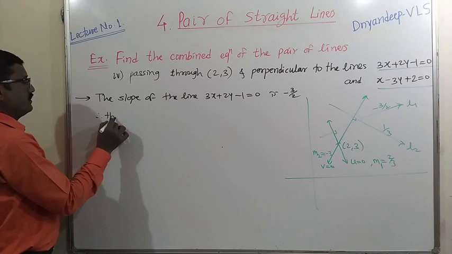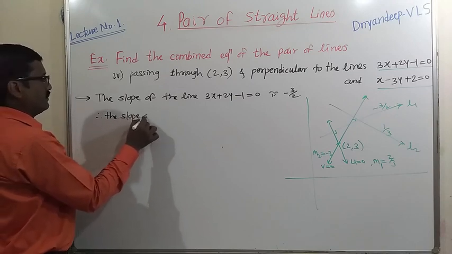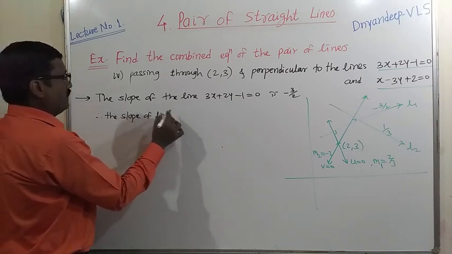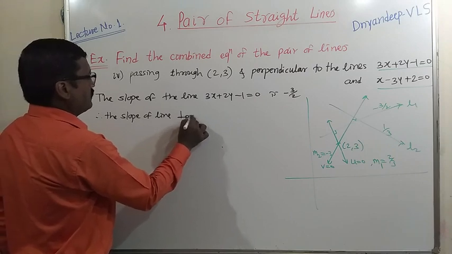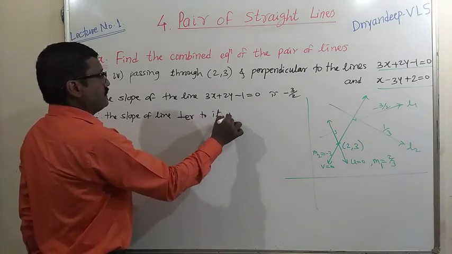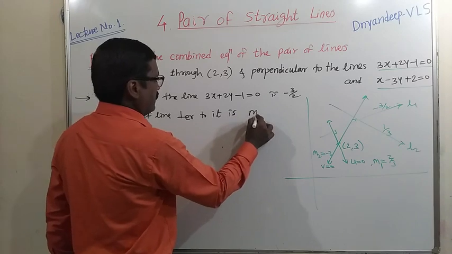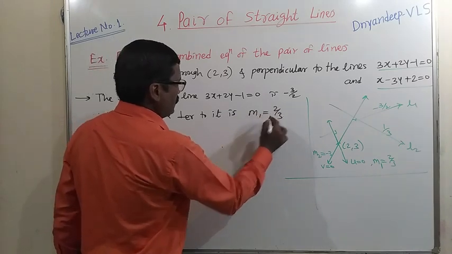Therefore, the slope of the line perpendicular to it, say m1, is equal to 2 by 3.